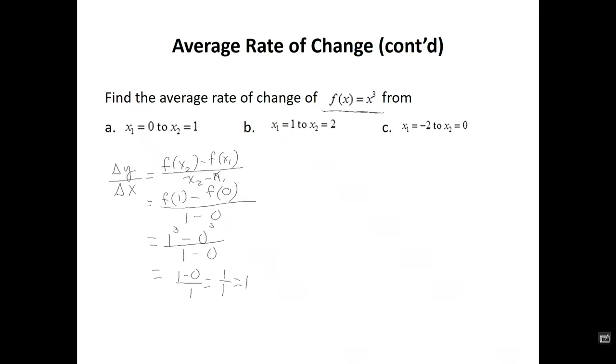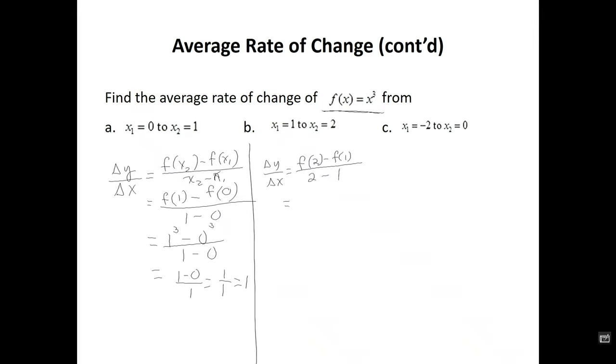Let's do another example. This time, x goes from 1 to 2. Let's see how to compute the average rate of change. Again, we want delta y over delta x. So this is going to be f of x2. x2 is 2, so that's f of 2 minus f of 1, all divided by the change in x, so we have 2 minus 1.